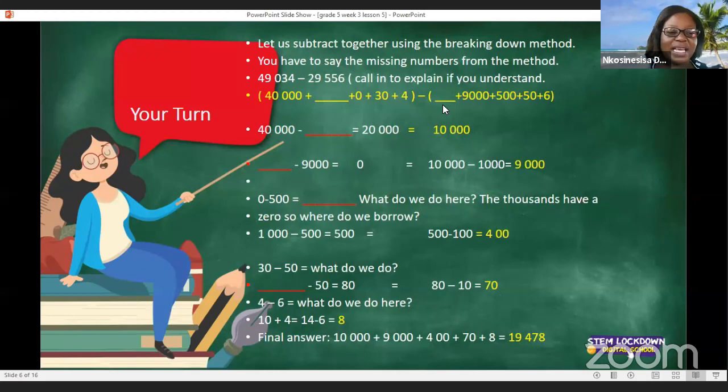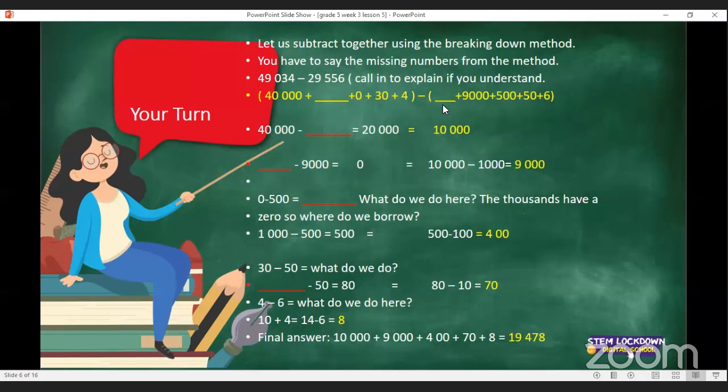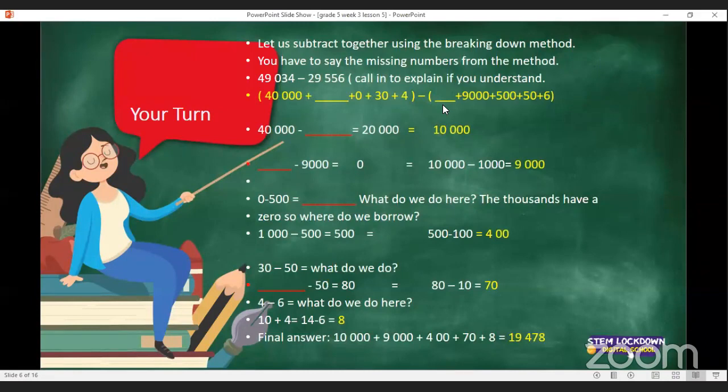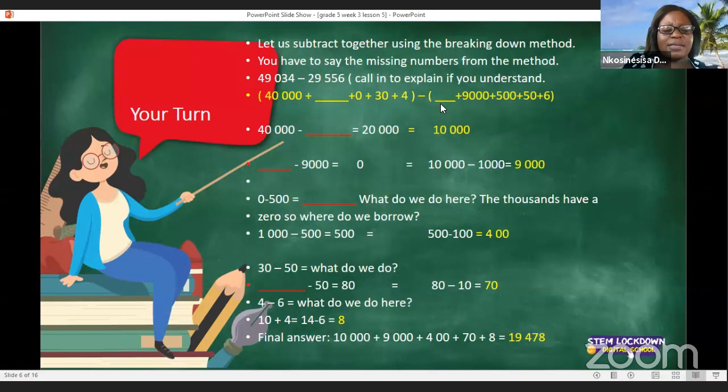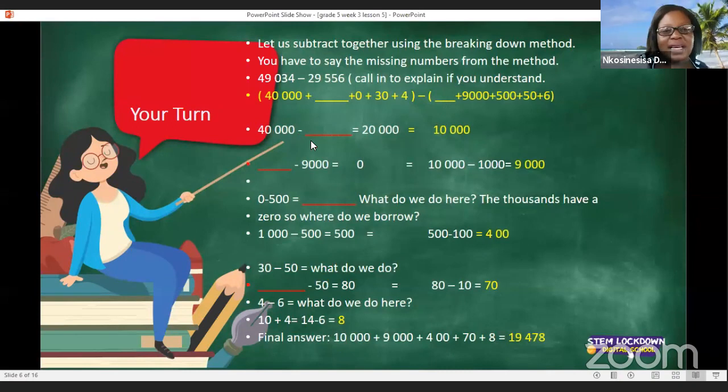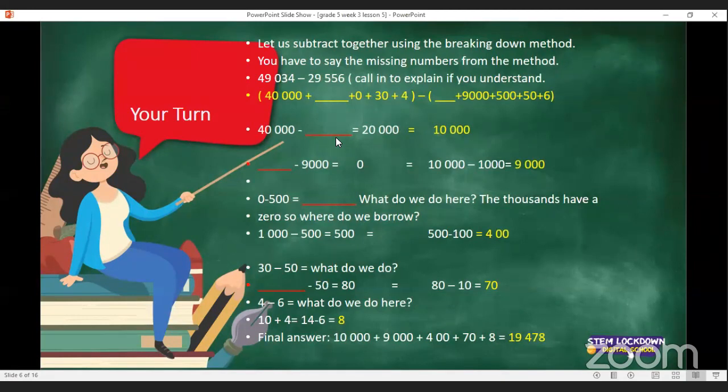Check if your mic is unmuted and then you talk. Okay, Quentin. Which number is missing here? It's 20,000. Well done. Now take us through. And then here, 40,000 minus what? Which number is missing here? It's 20,000.